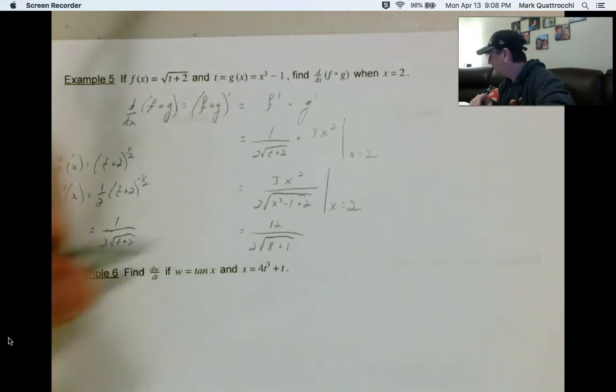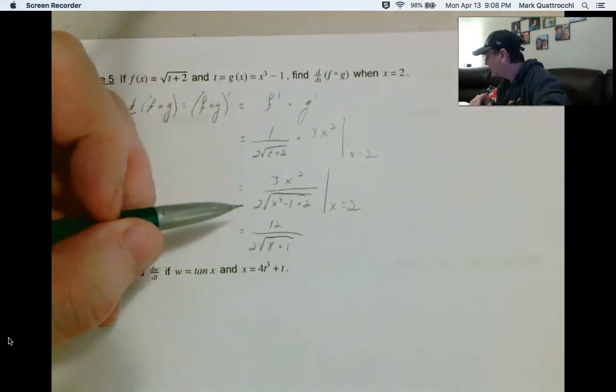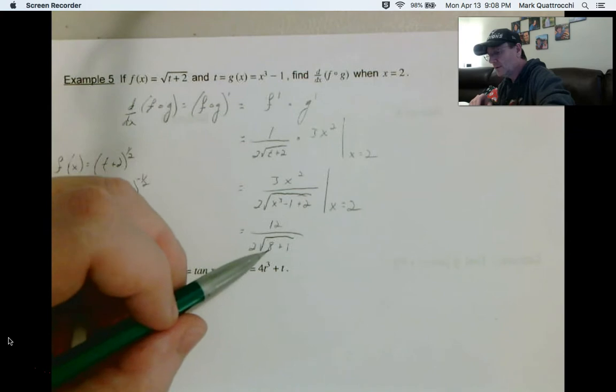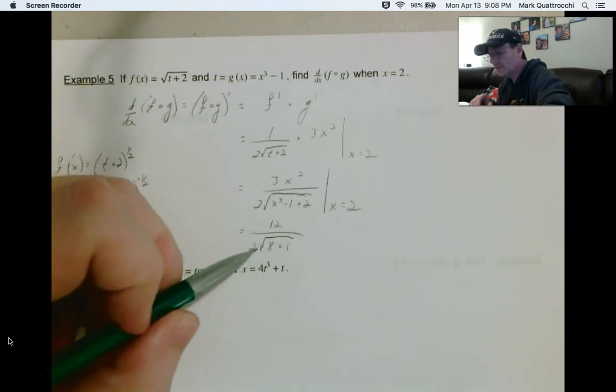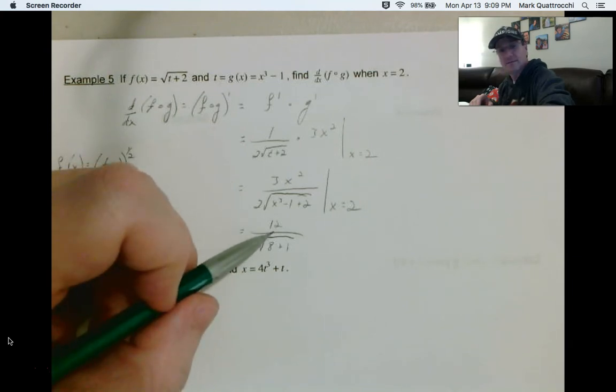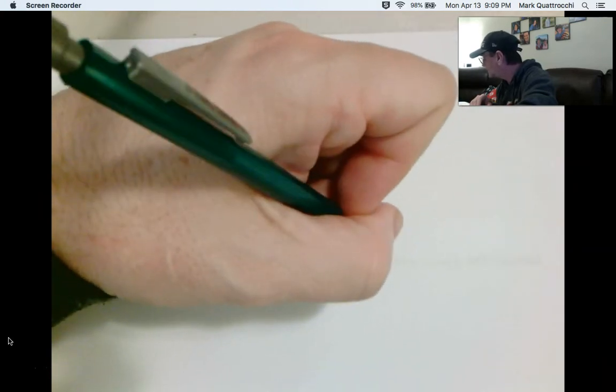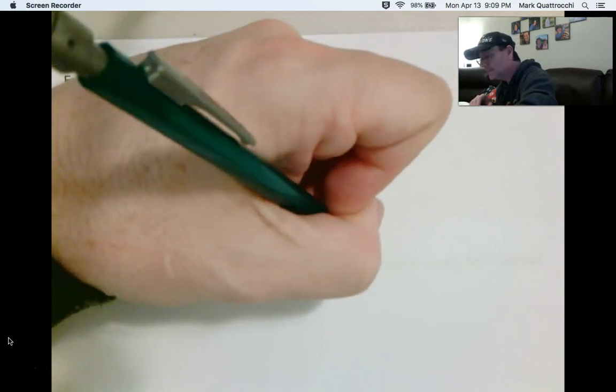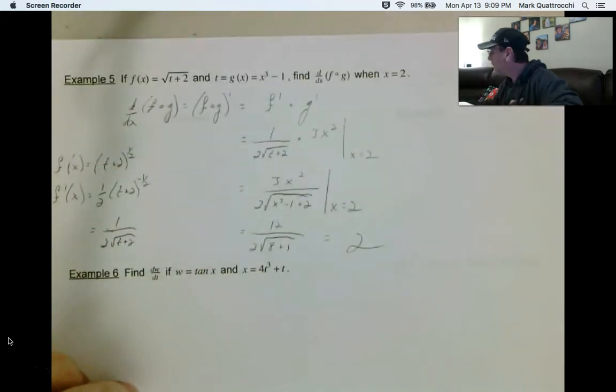How convenient. 8 minus 1 plus 2 is 9. Square root of 9 is 3. 3 times 2 is 6. 12 divided by 6. Final answer is 2. And all is said and done.